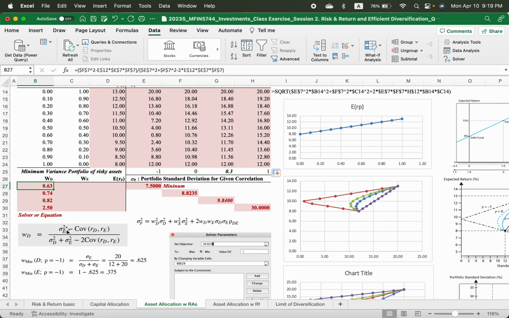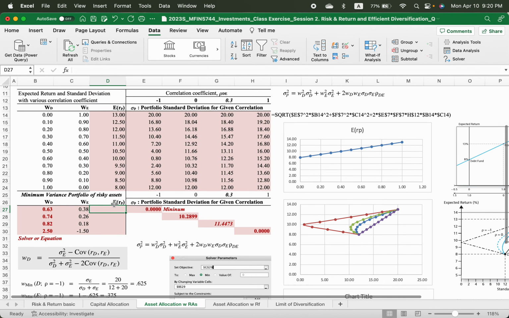We can use this equation, right? And then here 1 minus. Once we got this weight, then 1 minus this weight of the debt, and here we got it, right?